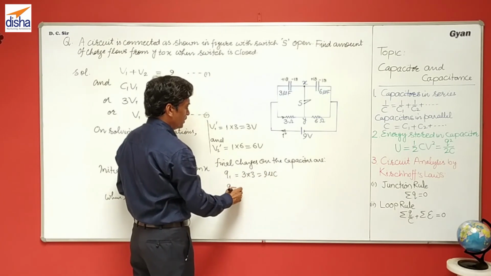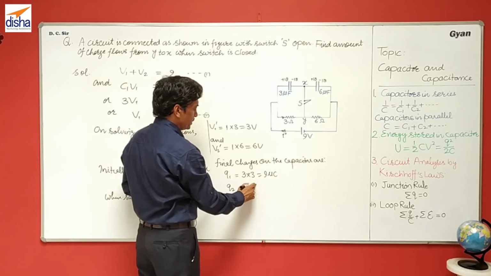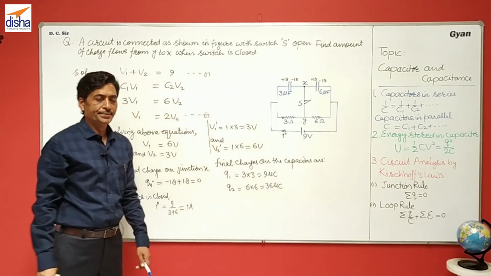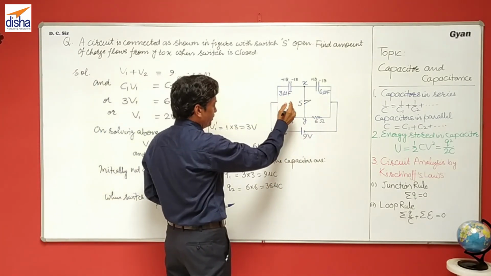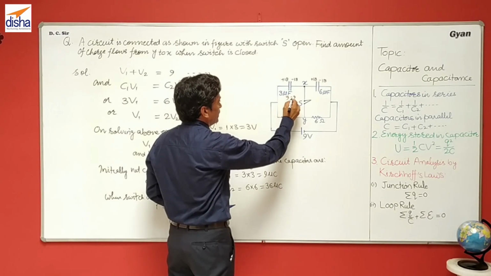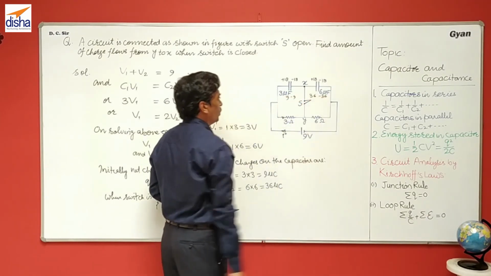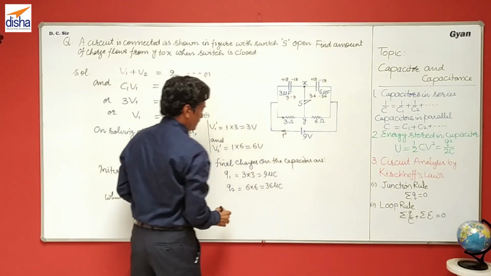And Q2, on this one the potential is 6, so it will be 6 into 6, 36 microcoulomb. So the charges on their plates, we write here: this will be 9 and minus 9, and here 36 and minus 36.